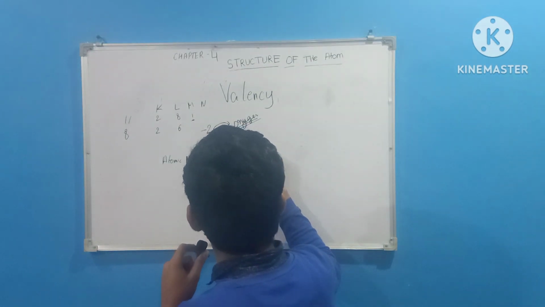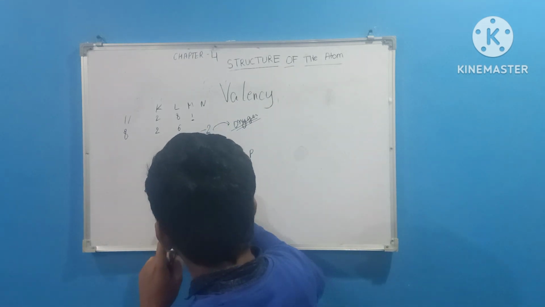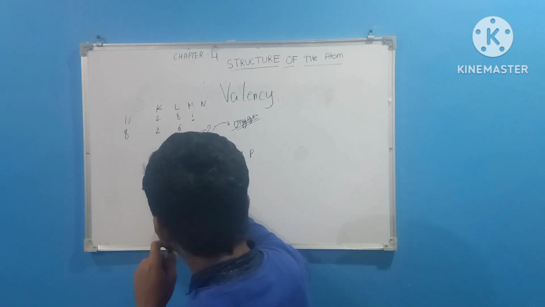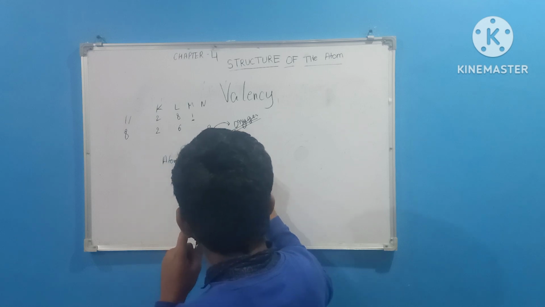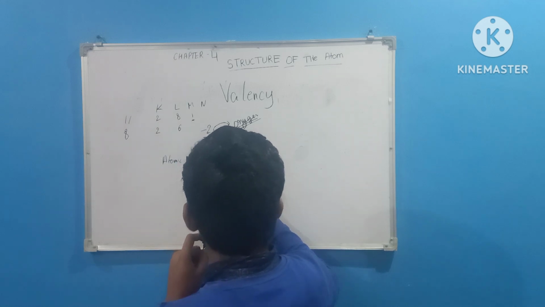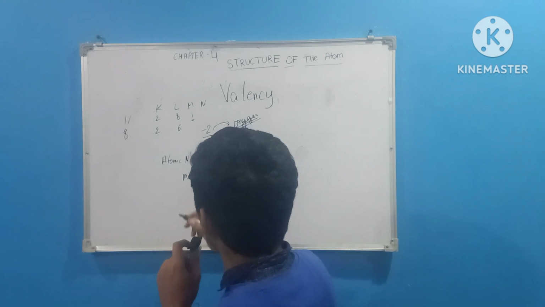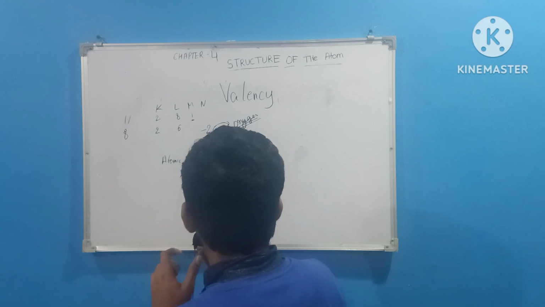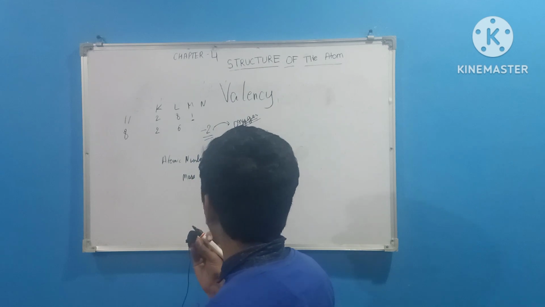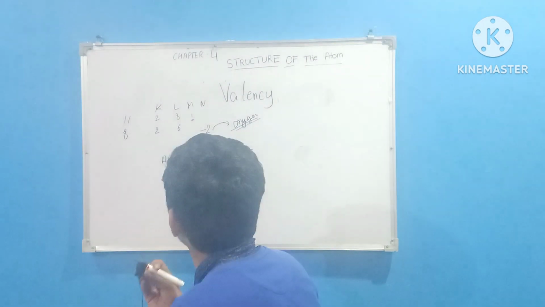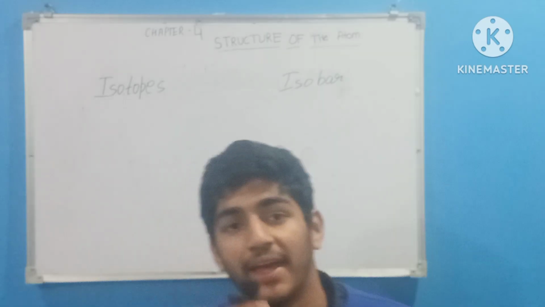In short, I will write number of protons, and mass number equals P plus N. So we can find the number of neutrons by subtracting the atomic number from the mass number. So this is all about valency and electron configuration.